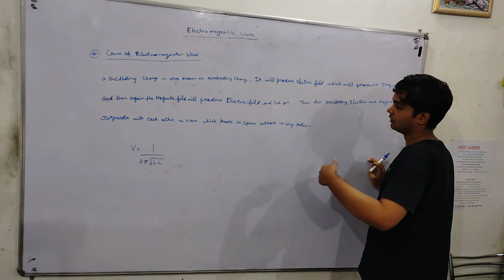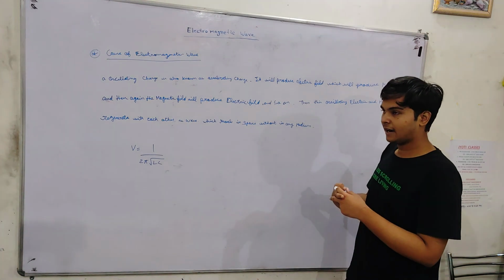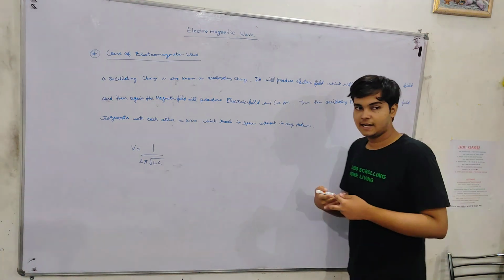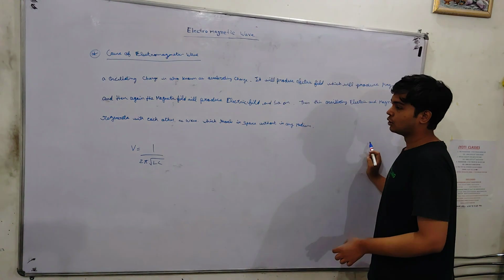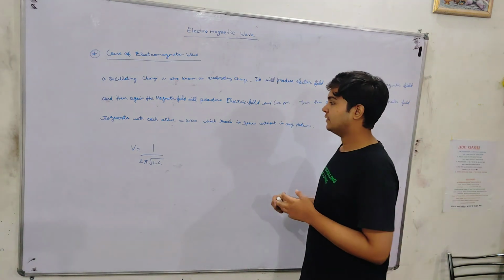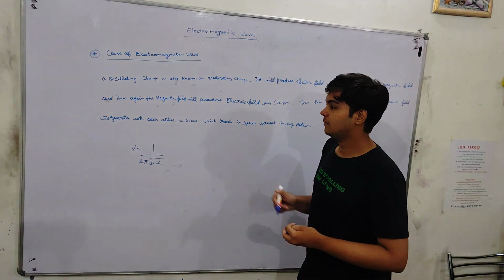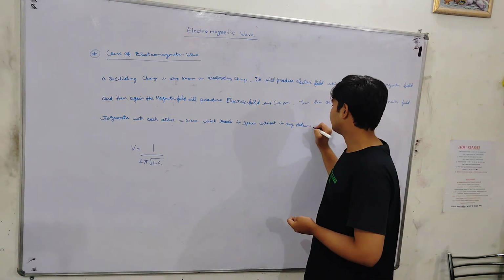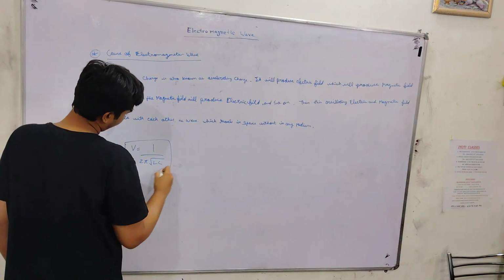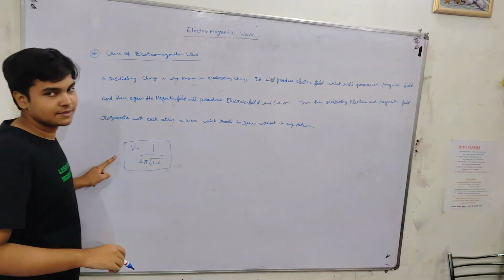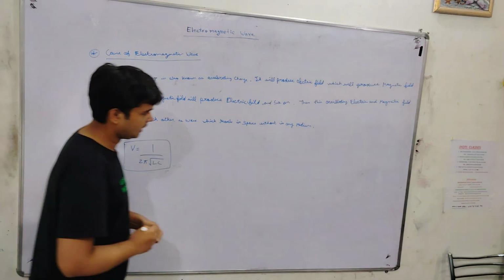This cycle goes on, and at a certain point the electric and magnetic fields regenerate with each other and produce a wave that travels in space without any medium. This wave is known as an electromagnetic wave. Since it is a wave, it will have a frequency, so from the frequency formula we find the electromagnetic wave.